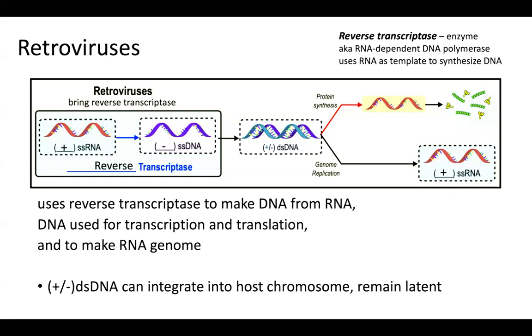But when these ones do start replicating their own genome, they're going to go from the viral DNA and be transcribed into RNA. Then they're going to use reverse transcriptase to go back to DNA. So it's not a particularly efficient pathway, but they end up relying on reverse transcriptase because of the pathway that they use.